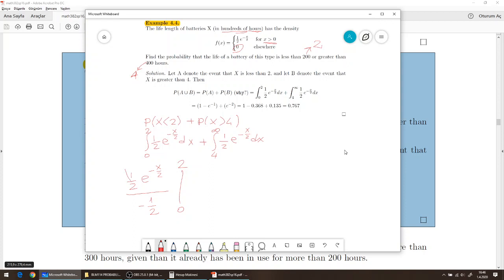Here, as you see, the 1 over 2 terms eliminate each other, and it is again the same function, minus e power minus x over 2, the same function, I mean.